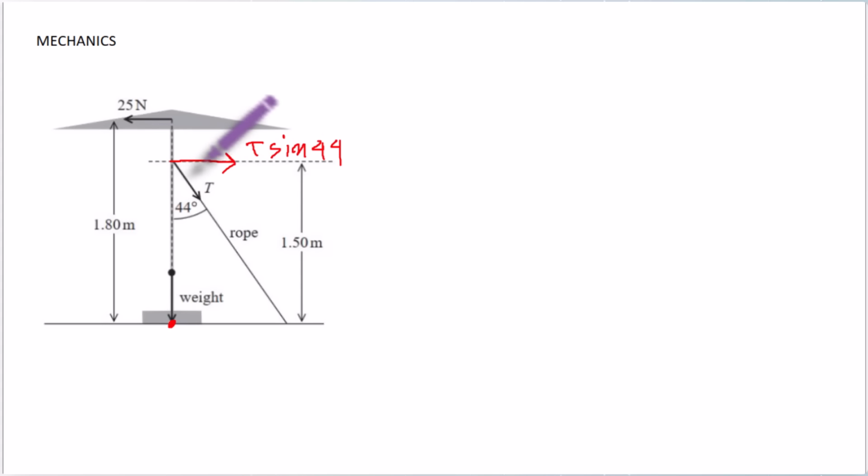So T sine 44 times 1.5 is basically the clockwise moment. And 25 times 1.8, because force and perpendicular distance, 25 times 1.8 gives you the anti-clockwise moment about this point. So you can find out T from here.